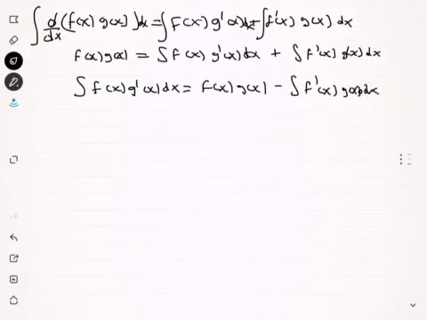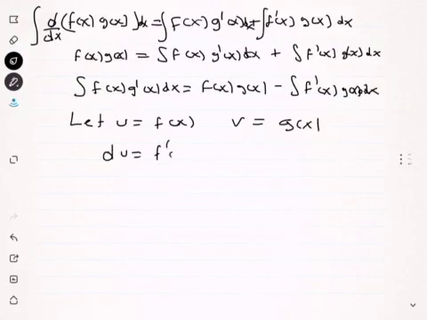dx. And then if you let u equals f of x and v equals g of x, then du will be f prime of x dx, and dv is g prime of x dx.